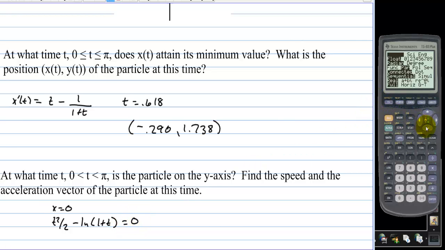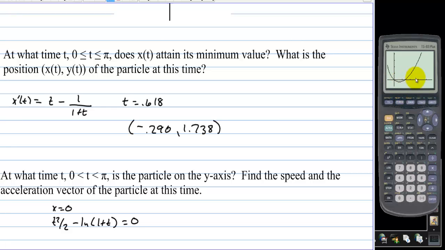So we'll have to go back to function mode, and this time we'll put in t squared divided by 2 minus the natural log of 1 plus t. Let's graph this, and after 0 we're at 1 point something.